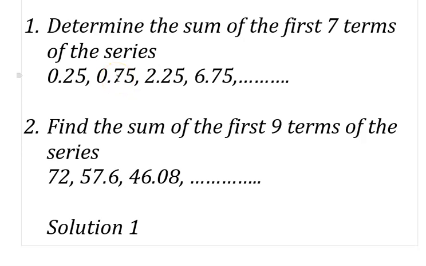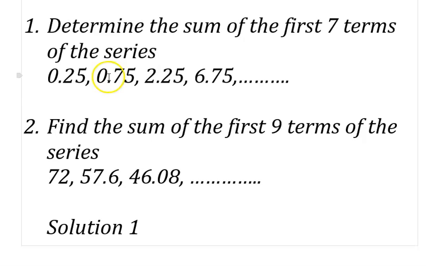What I advise is, just take your second term, divide it by the first term, and keep your answer. Take your third term, divide it by the second term, and you will see that your answer is the same. Take your fourth term, divide it by the third term, and that is your common ratio. Because if you multiply that common ratio with this, you will get this. If you multiply it with this, you will get this.